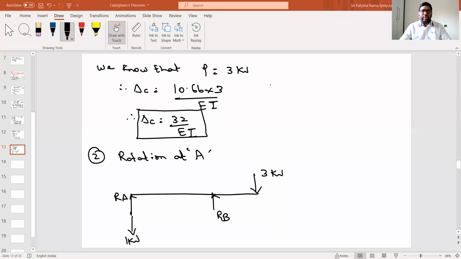Now what do we need to do? We need to introduce a dummy portion of... just a second. Yeah, sorry, actually, this 1 kilonewton is not there.